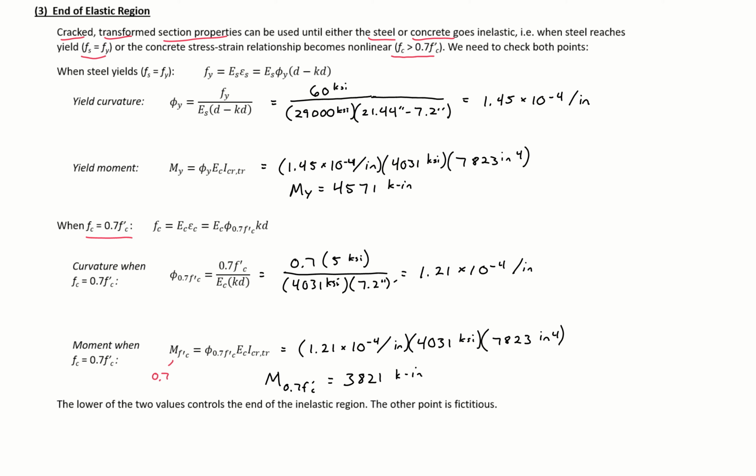We need to compare the two moments now, and we can see that our moment when our concrete in the extreme compression fiber reaches 0.7 F prime C is lower than our yield moment. So this is the point that controls. So our MY point is fictitious.